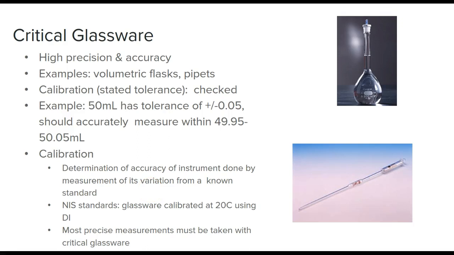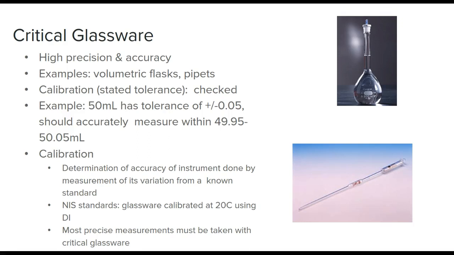Your notes say NBS, and this has been changed to, it's still the same thing, but I have NIS standards, and either one is fine. The NBS stands for National Bureau of Standards, and NIS stands for National Institute of Standards.